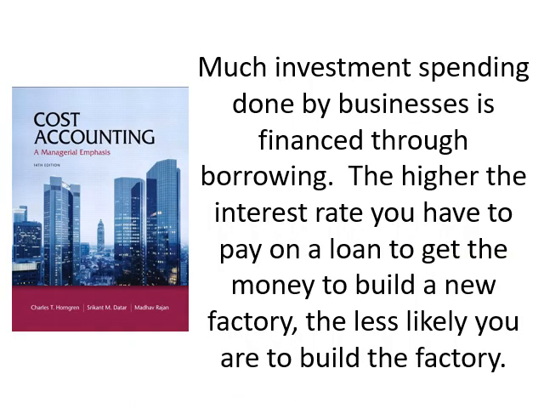Especially since much of the investment spending in the GDP equals C plus I plus G, the I part, the investment part, is financed through borrowing. The president of Ford doesn't usually have enough money in the safe to pull it out and pay for building a big new car factory. Ford is going to borrow the money. And the higher the interest rate they have to pay on the money they borrow to build the new factory, the less likely they are to borrow the money to build the new factory.